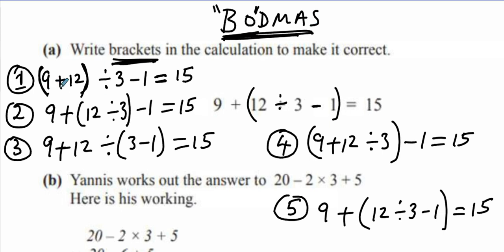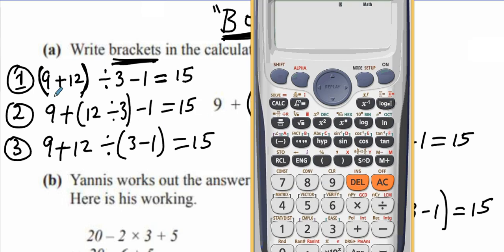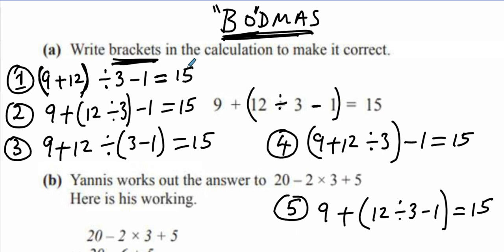So we do 9 plus 12. You can take your calculator to help you do that. We have 9 plus 12 inside the bracket, then divide by 3 minus 1. What is the answer? We are getting 6, but we are supposed to get 15.